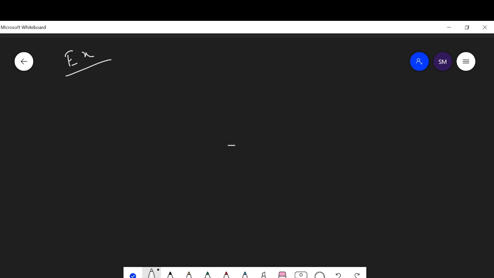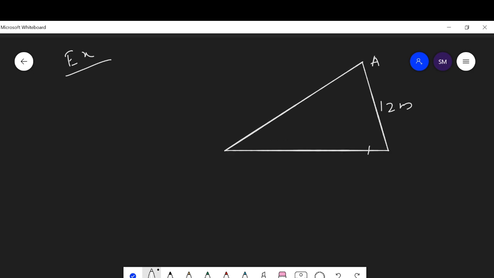The question is given here. This is the vertical pole. AB is the vertical pole whose length is given as 12 meter, and this is the rope.